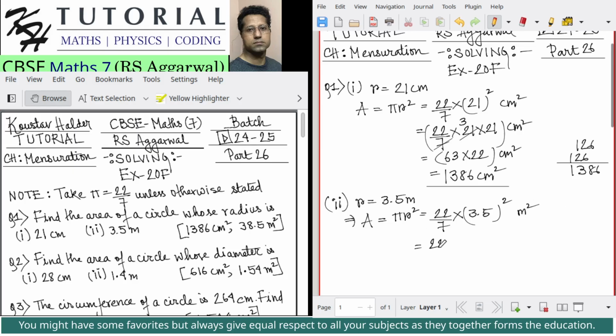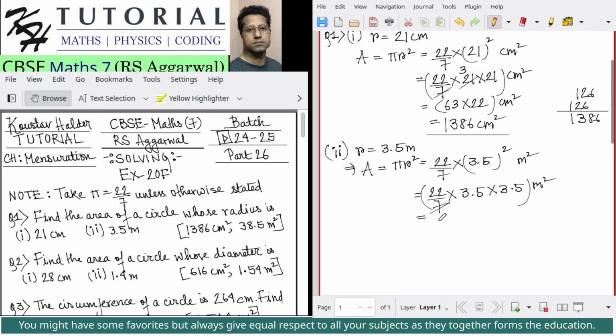This is equal to 22 by 7 multiplied by 3.5 multiplied by 3.5, this much meter square. 7 will cancel 3.5 with 0.5, and 22 multiplied by 0.5 is 11, and we have 11 multiplied by 3.5, this much meter square, which is equal to 35 multiplied by 11 is 385.